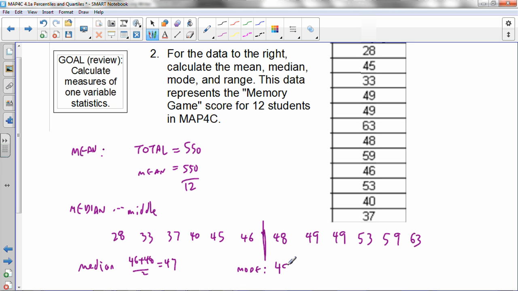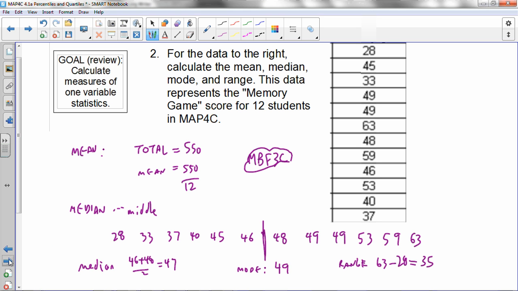The range is just the high minus the low, and that's 35, I think. And that's review of last year's class, MAP4C. You did one variable stats, and we're talking about some of these stats again in this chapter.